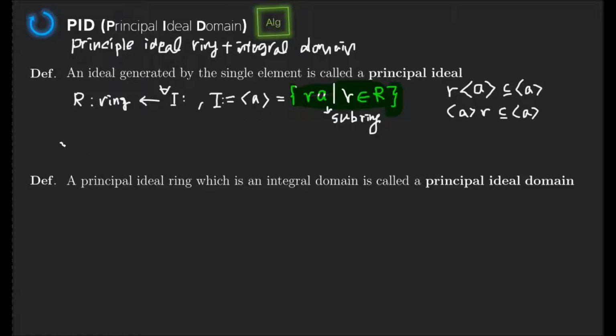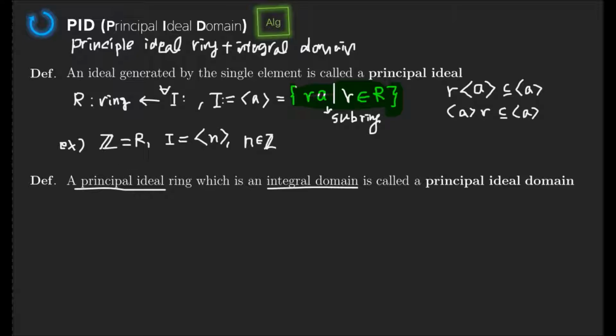Okay, so for example, when you consider the integers, clearly a ring, then every ideal is written as some integer element. So the integers are clearly a principal ideal domain. As I said, a principal ideal ring which is an integral domain is called a principal ideal domain.